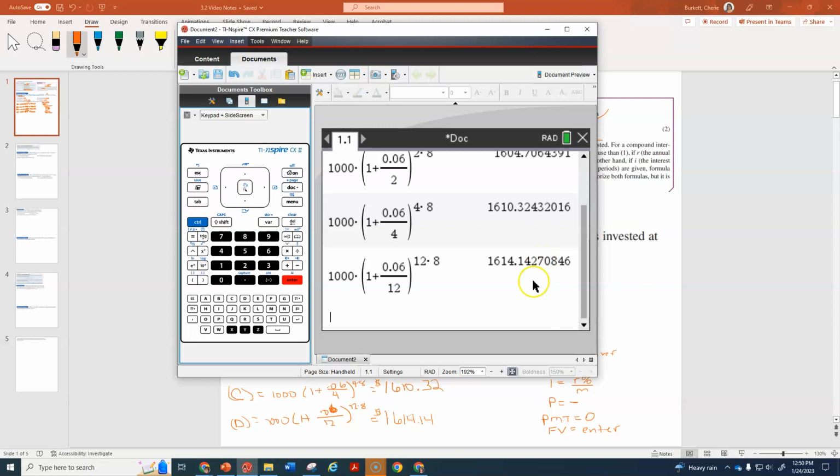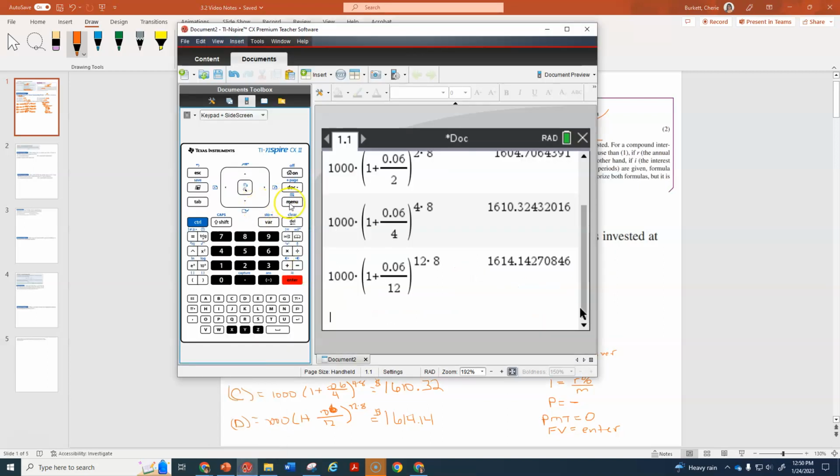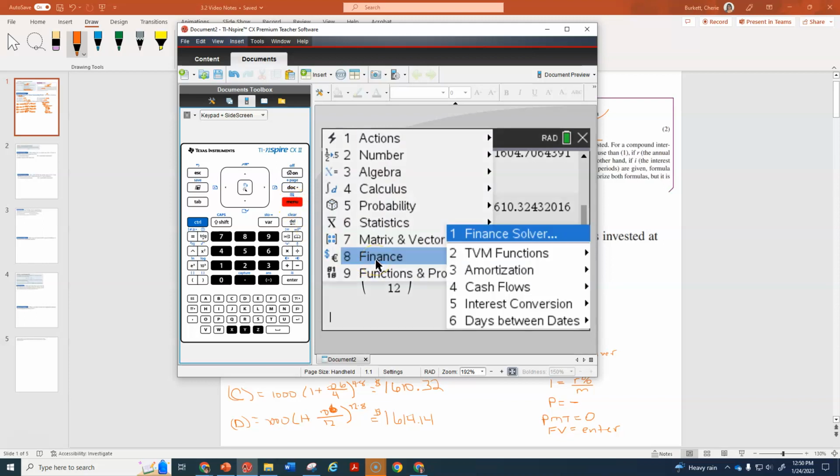There is another way that you can do this, and I've written down the click path right here. So you can copy that down and have the click path. You have to be on a calculator page, and you press menu. You choose finance, and you're going to use the finance solver.